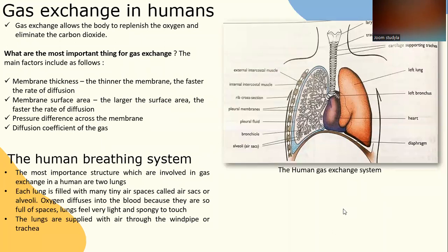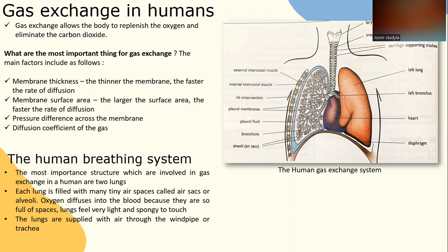Gas exchange in humans. Gas exchange allows the body to replenish oxygen and eliminate carbon dioxide. What are the most important things for gas exchange? The main factors include as follows.